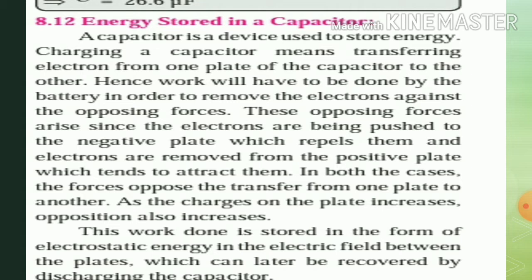Whenever charges move from one plate to the other plate in the capacitor, an opposing force develops against the motion of the charges.